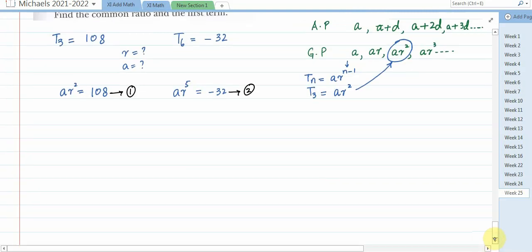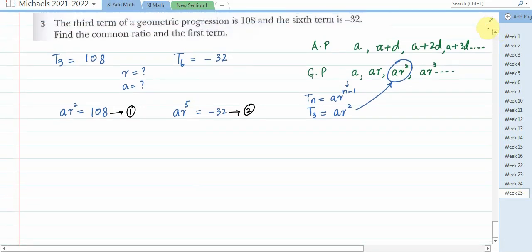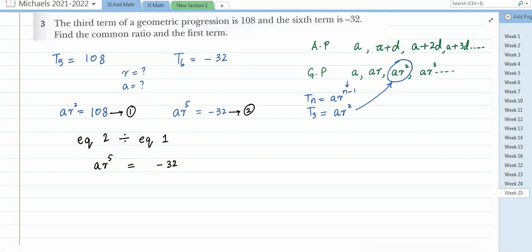In geometric we always focus on the ratio part, so what I can do, I can write a statement here that equation 2 divided by equation 1. Equation 2 we have, it's ar to the power 5 is equals to minus 32. Equation 1 we have, it's ar square is equals to 108. Alright, that is my two equations. I can solve them, so I am going to divide them.